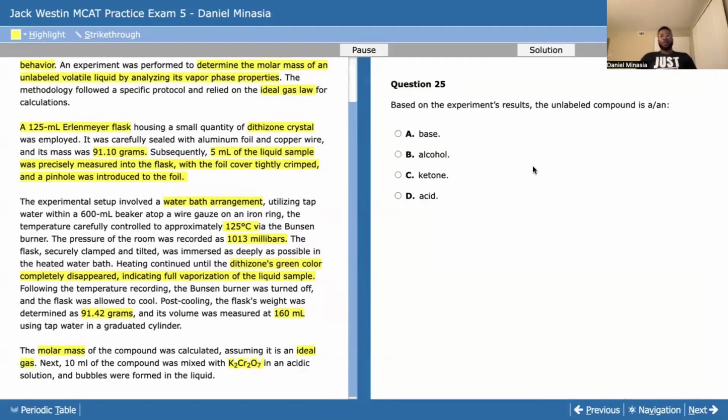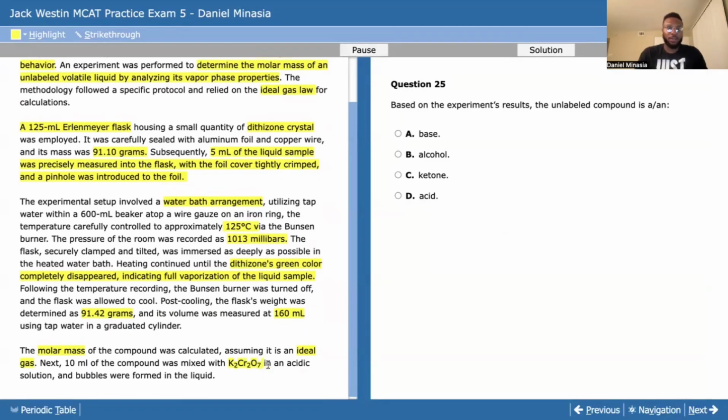All right, based on the experiment's results, the unlabeled compound is a what? So you put it in an acidic solution with an oxidizing agent. But remember, oxidation is loss. We're putting it with an oxidizing agent that's going to take away the electrons from it. And in an acidic solution, bubbles were formed.